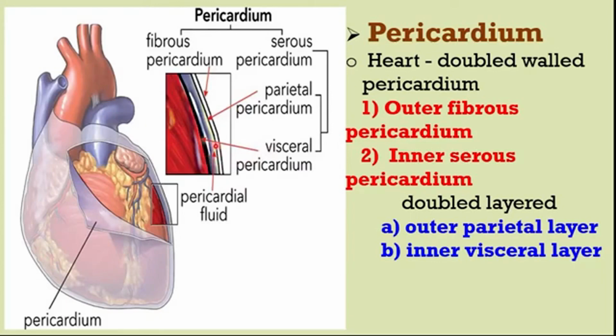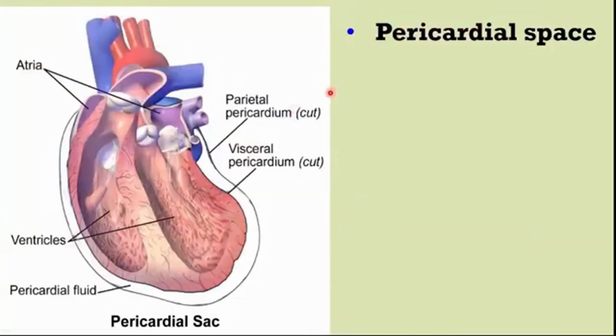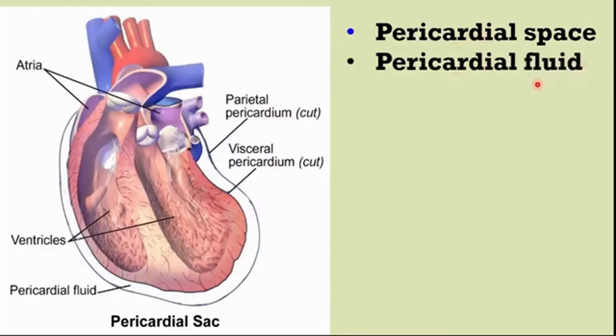This point we will discuss later, in the wall of the heart. The two layers of inner serous pericardium, the parietal layer and visceral layer, are separated by a narrow space known as pericardial space. This space is filled with pericardial fluid.